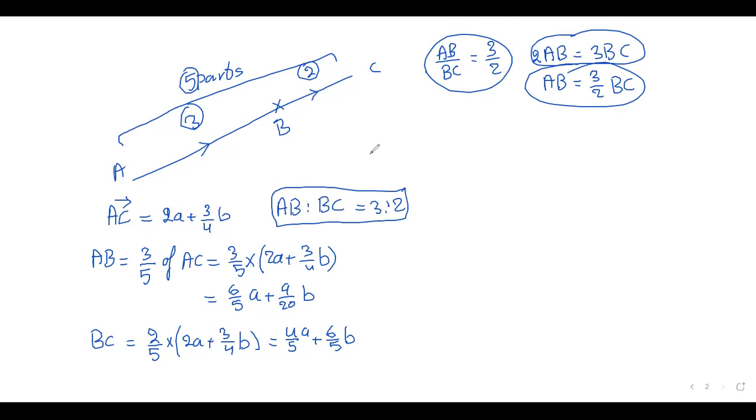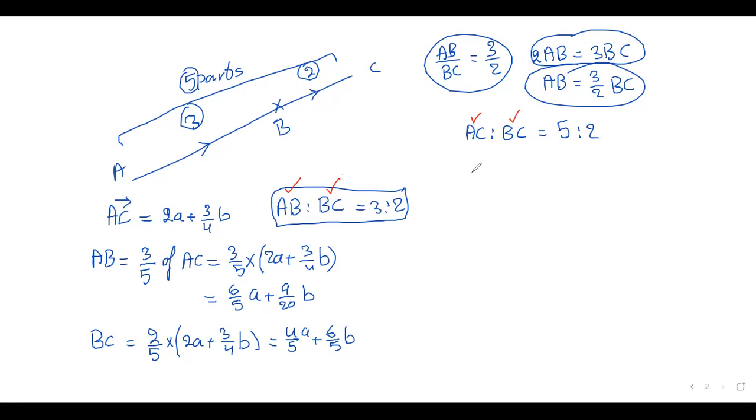For example, in the same example, they may say AC to BC is 5 to 2. In the first example, it was part to part, AB to BC. In the second example, the ratio given is AC, which is whole, to part, that's 5 to 2.